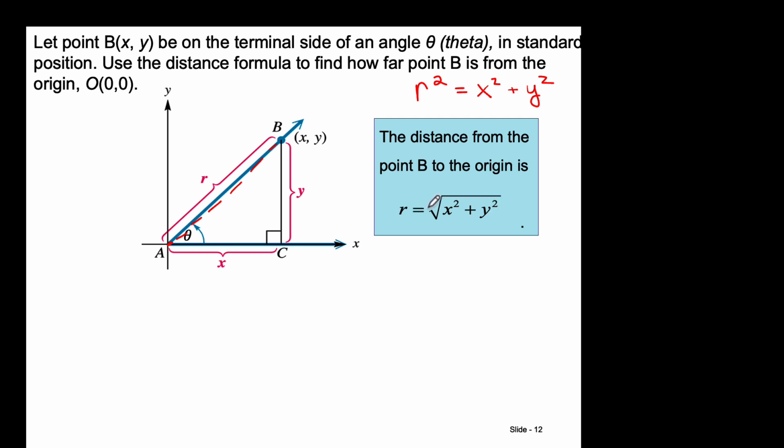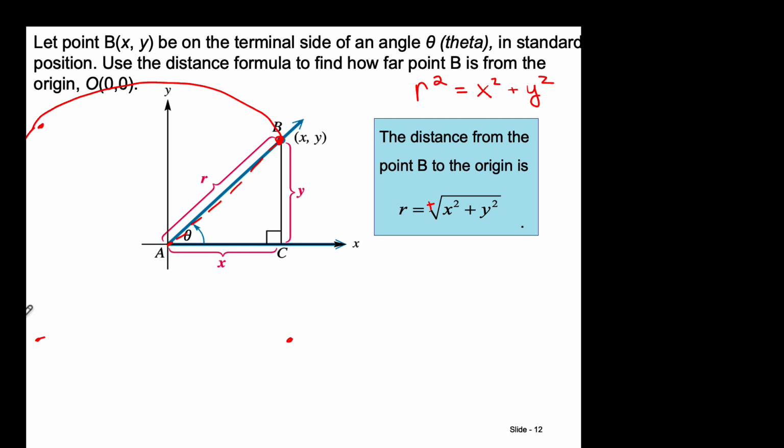Now we're only going to be using the positive root, okay? R is always going to be positive for us. Let me explain why. X and y could have been over here somewhere where x is negative, y is positive. Maybe it was in quadrant 3 where x is negative and y is negative. Maybe it was in quadrant 4 where x is positive and y is negative. So the signs of x and y could change, but this distance, if you follow this point around this circle, never changes.